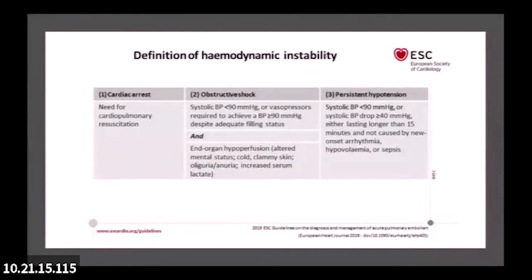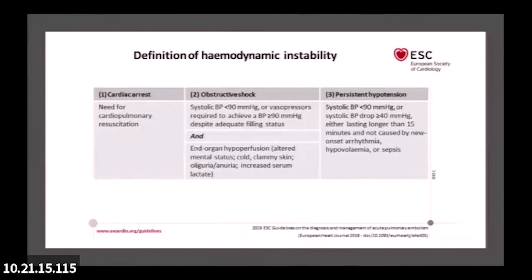So clinically, we usually see those patients with a worsening PE. We can see persistent hypotension and obstructive shock, as well as cardiac arrest. So those are three phases. When the patient is in persistent hypotension, the systolic blood pressure drops below 90 millimeters of mercury.